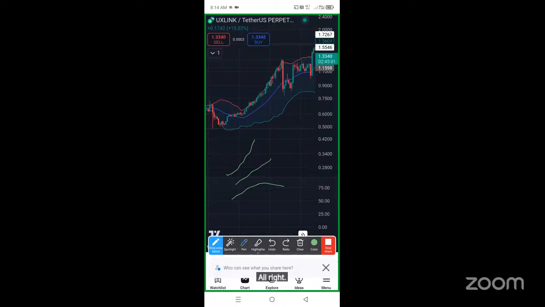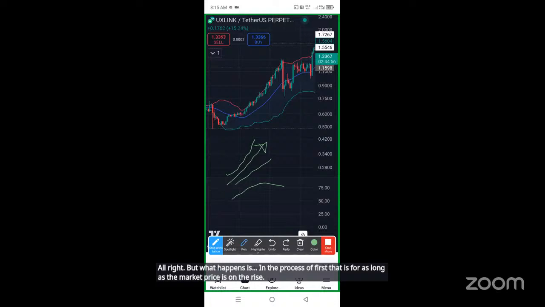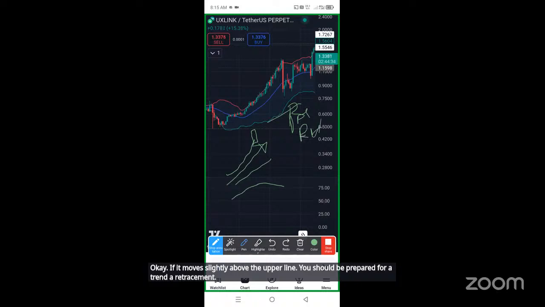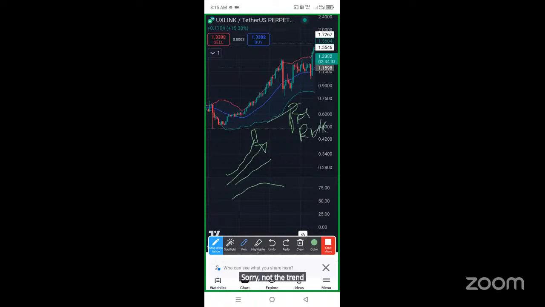But for as long as the market price is on the rise, if a point comes where the candlestick slightly moves above the upper line, you should be prepared for a retracement. Sorry, not a trend reversal, but a retracement. And this retracement will be back to the middle line.